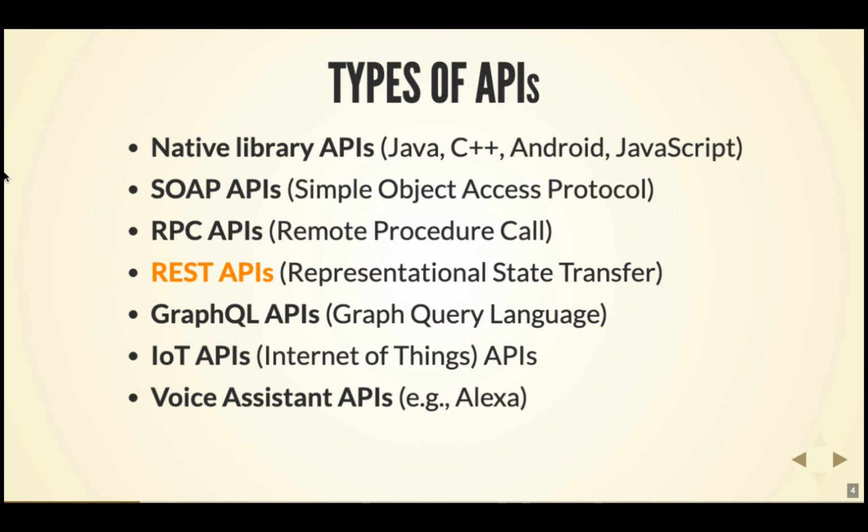Actually, I'm not really sure what gRPC stands for, but it's Google's version of RPC APIs that involves proto files to define the way your data is structured and how it should be processed. So you're going to see a lot of different APIs.